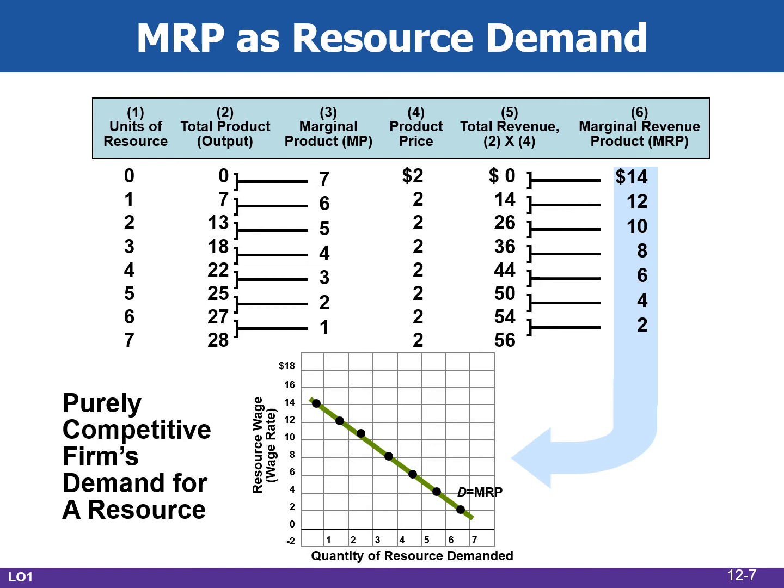So if we think logically, this firm will equate the marginal revenue product of the worker to how many workers it desires to hire based on the price that they have to pay for those workers. So if the price of wages is, say, $12, this firm understands that the marginal revenue product of the second worker is $12.